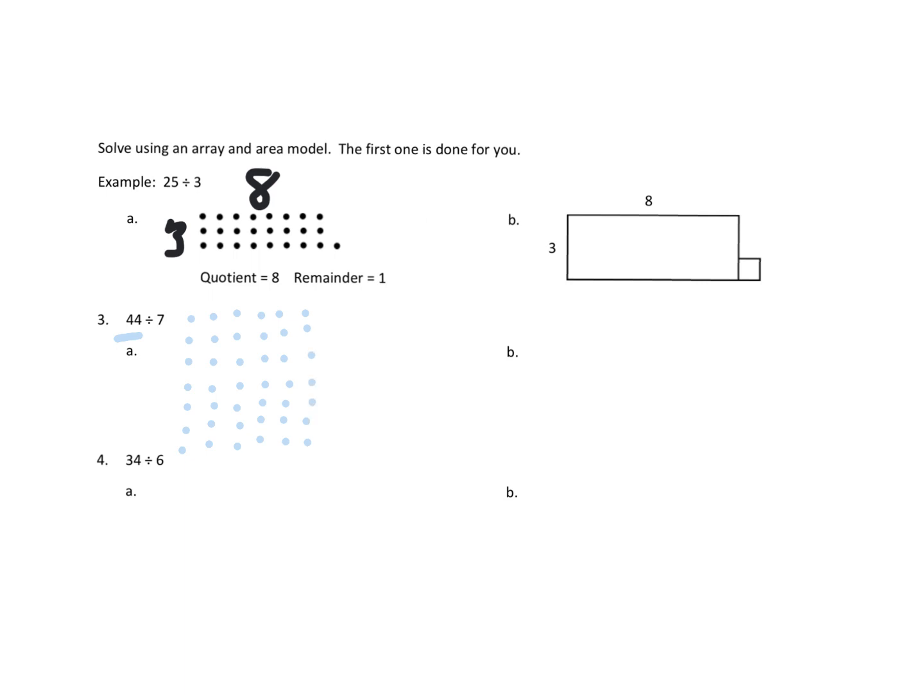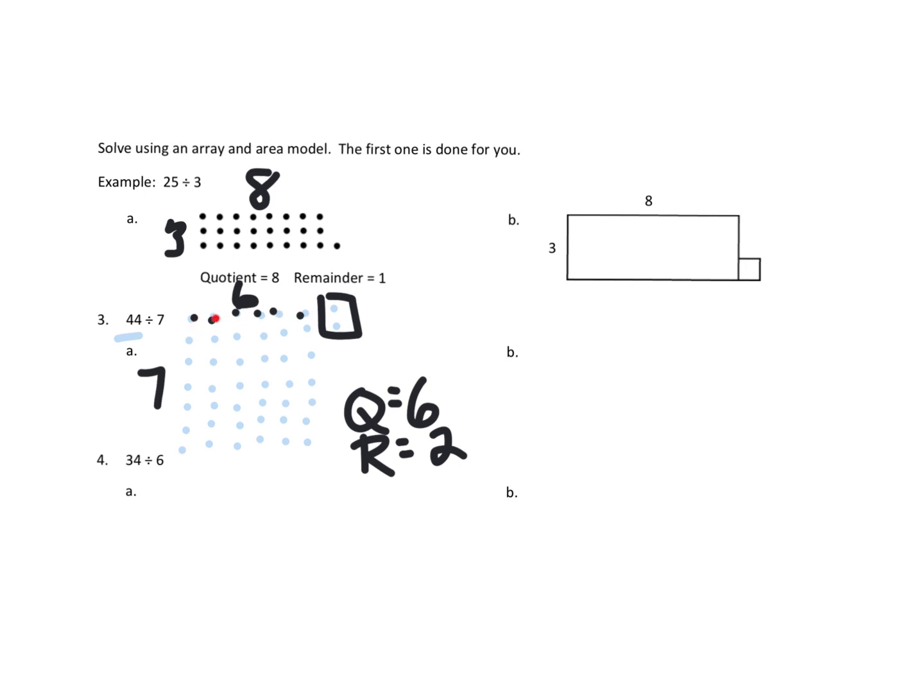And there's 42 dots. 43, 44. So if I look at my work, it is 7 tall, 1, 2, 3, 4, 5, 6 wide, and these 2 are my remainders. So my quotient is 6, remainder is 2.